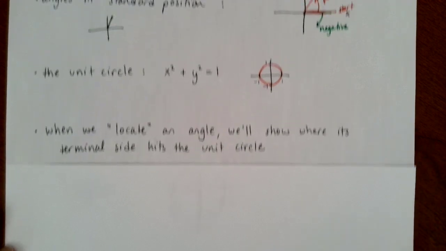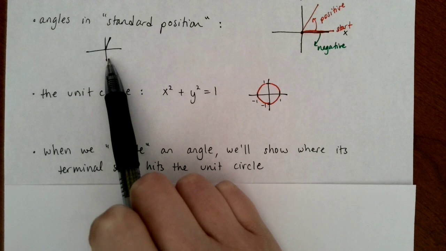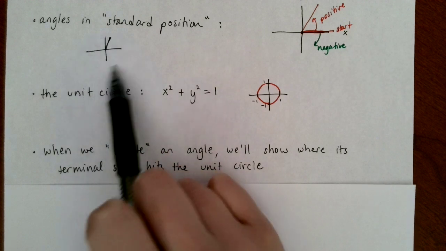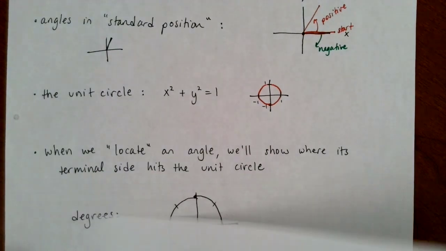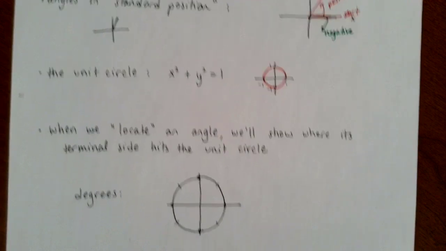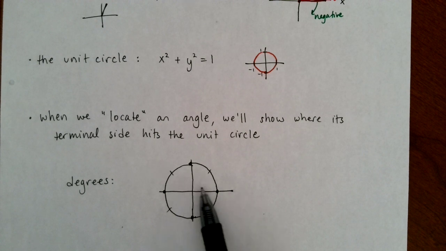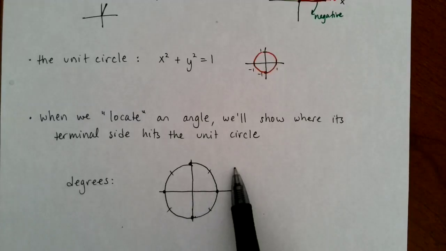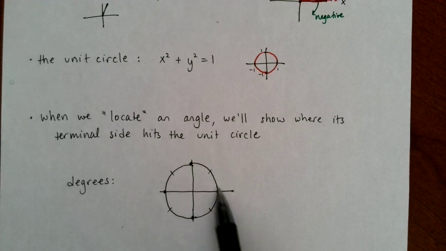So the way that I drew this first example here is not really how we're going to show them because we're going straight to the trigonometry part of all of this. So what we'll see instead is starting to be modeled here, where if I say, okay, locate 30 degrees in standard position, we're not only going to show 30 degrees counterclockwise from the positive axis, but we're also going to show where it's hitting the unit circle.